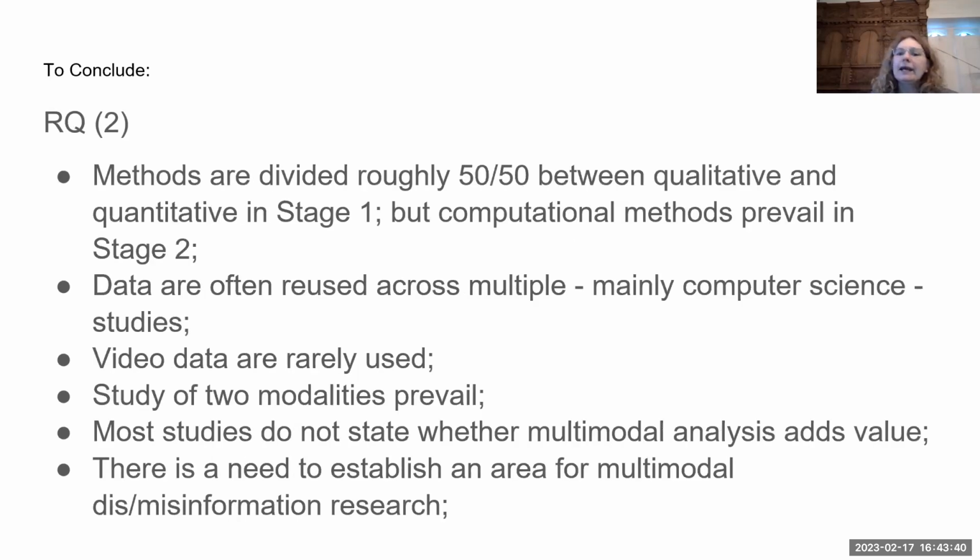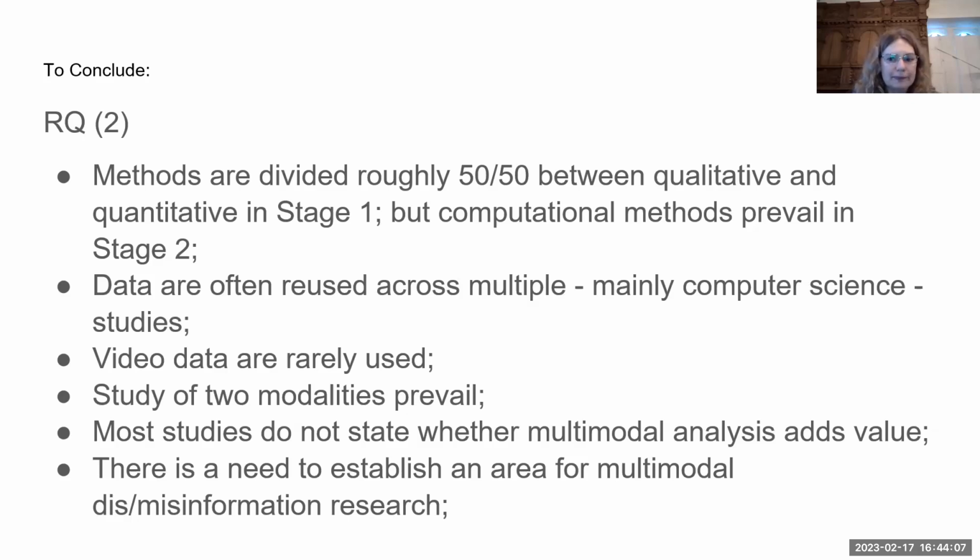Okay, so research question 2. What methods and data are used by the studies of multimodal disinformation, misinformation? Methods employed by the studies are divided roughly 50-50 between qualitative and quantitative in stage 1, but computational methods prevail in stage 2, as demonstrated.